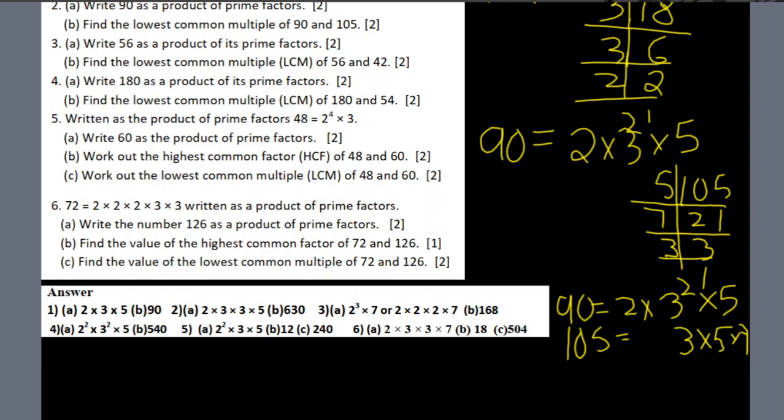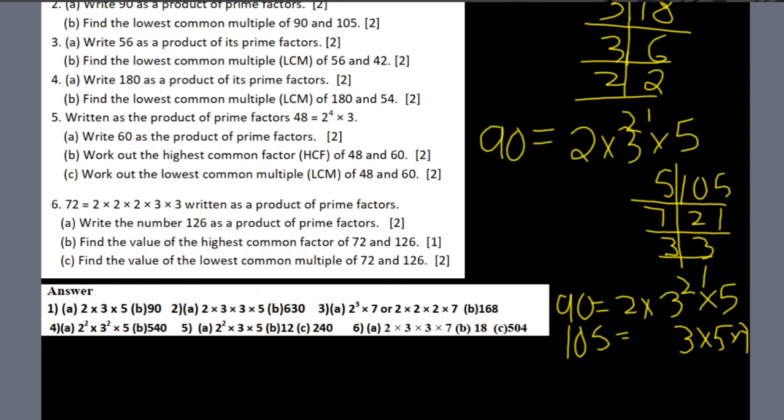Okay, so again for LCM, which stands for lowest common multiple, opposite of lowest is highest. This is one way of remembering it. So of these two values, which one is highest? 2 and no 2. 2 is highest. Then we have 3 square and 3. 3 square is highest. Then we have 5 and 5.